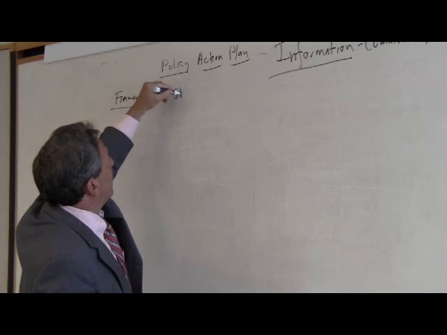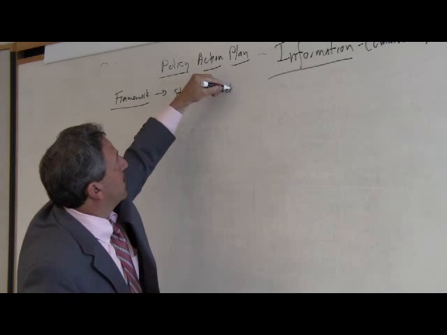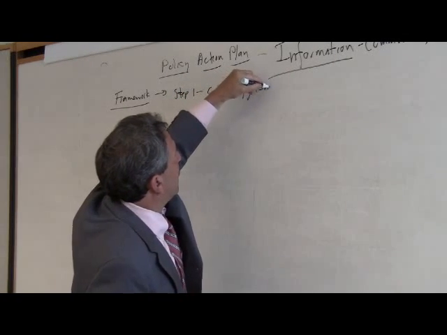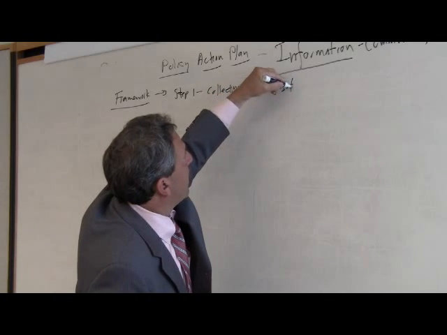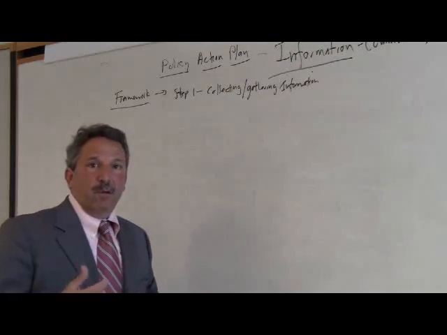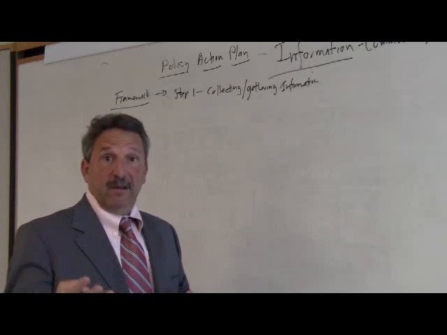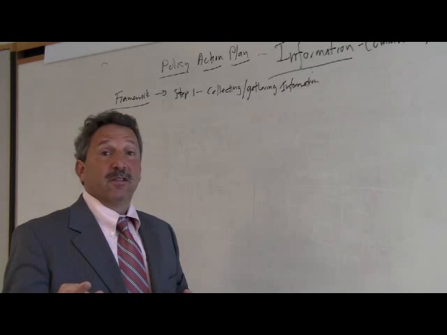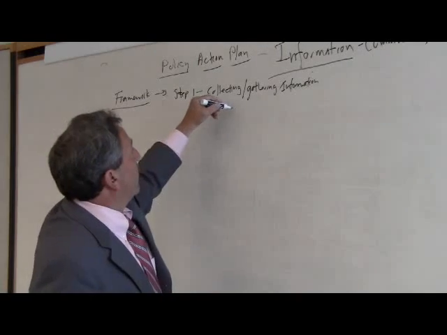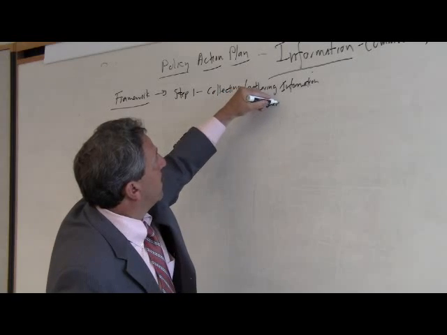Step one is collecting and gathering information. And we do that in a number of ways. We do that through our data and evidence-driven research, through peer-reviewed journals and other types of scientific documentation. So what I call hard research.